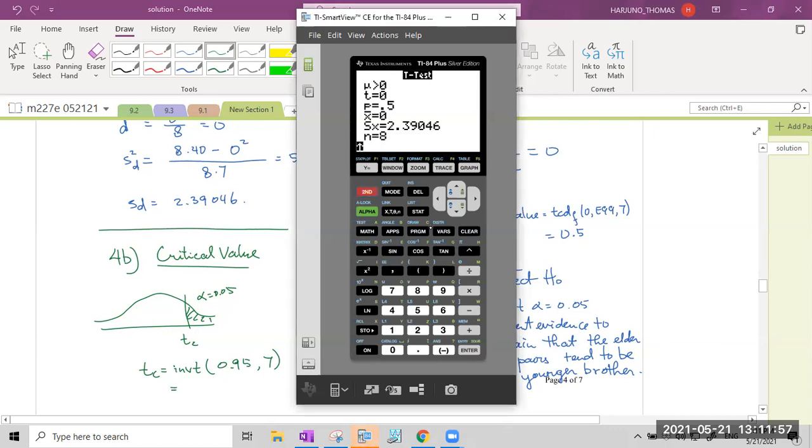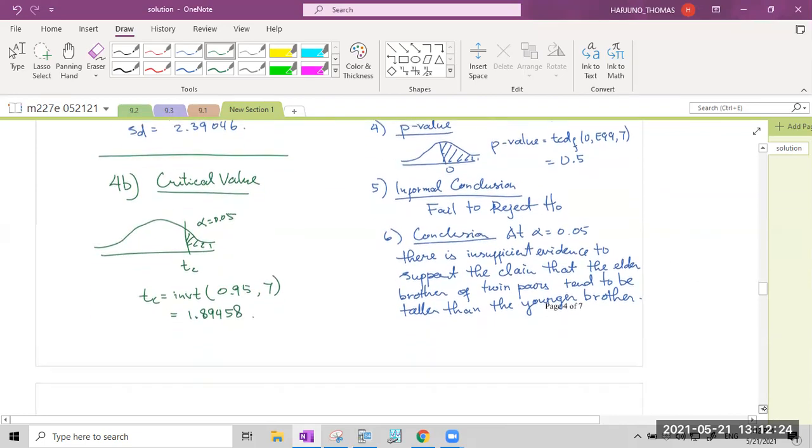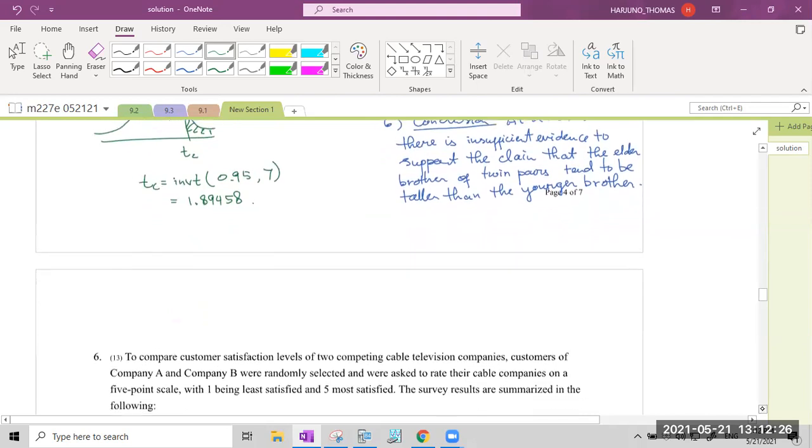Inverse T area to the left is 0.95, degree of freedom 7: 1.89458. Now that's for page 4. I have only approximately 10 minutes left.